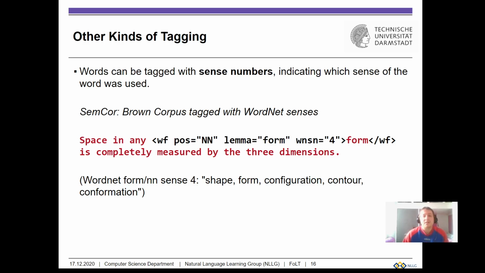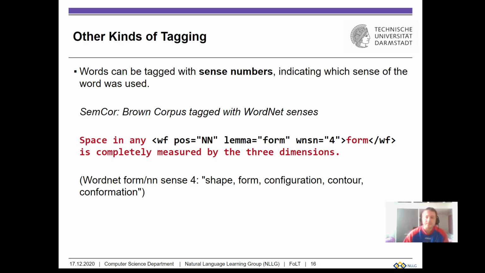The community in natural language processing has also used this word first in a more restricted sense of meaning part of speech annotations, inferring the part of speech annotation for individual words, but we can go beyond this and even go beyond the fine-grained part of speech tagging to tagging other linguistic objects, such as the sense numbers. And the sense number would indicate which sense of a word has been used.